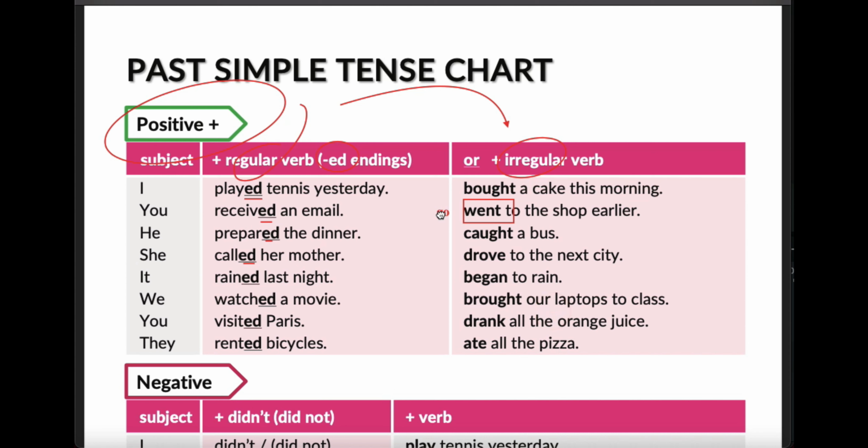But anyways, in here, it could be completely different. For example, go, went. Or like I said, it could also be that it doesn't change. For example, hurt. Like, my heart hurts. Why my heart? Because of love. Okay, my heart hurts. If I want to say that yesterday my heart hurt too, then I say hurt.